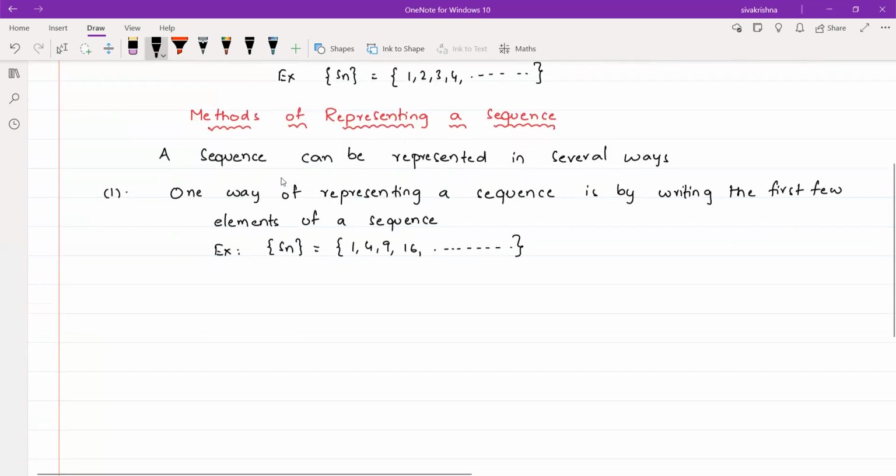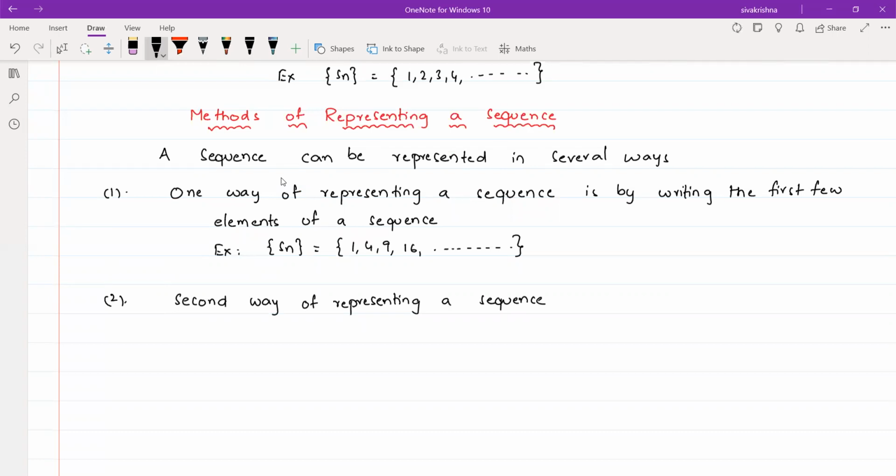And coming to the second one. Second way of representing a sequence is by writing its nth term.